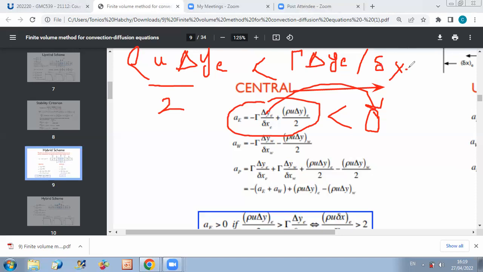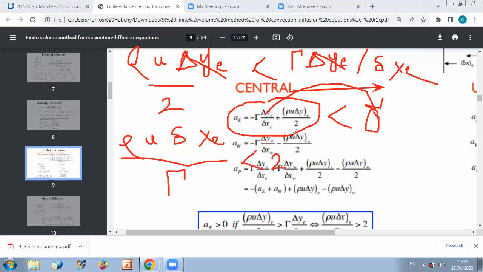Now, if you simplify delta y east, and take tau and delta x to the other side, you get the following condition: rho times u times delta x east over the diffusivity coefficient tau should be smaller than 2. This is the condition to have a stable solution.